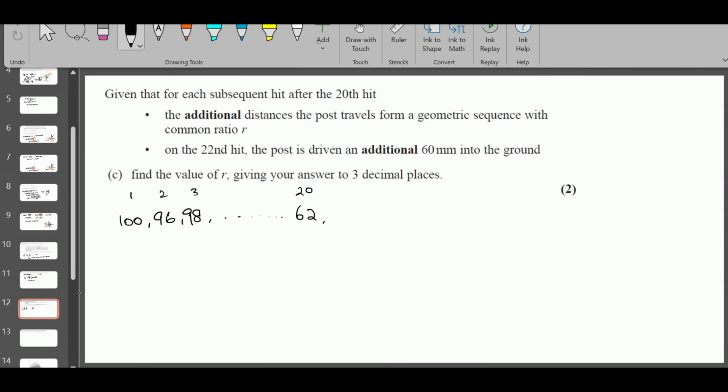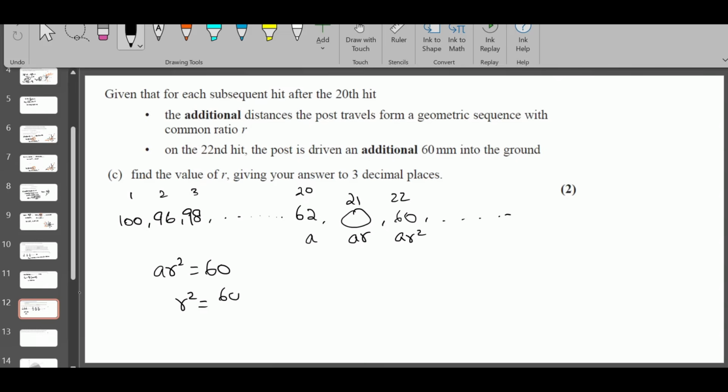From the 21st onwards, the additional distances form a geometric series. We know the 20th is 62, and on the 22nd hit the post has been driven an additional 60. So if you take this as the first term, this is the second term, and this is ar squared. ar squared is 60. We know a is 62.